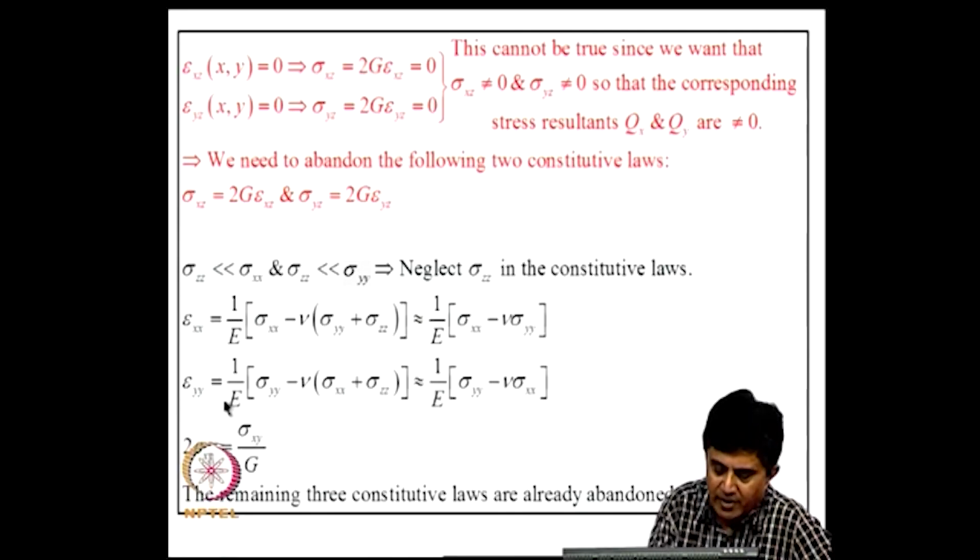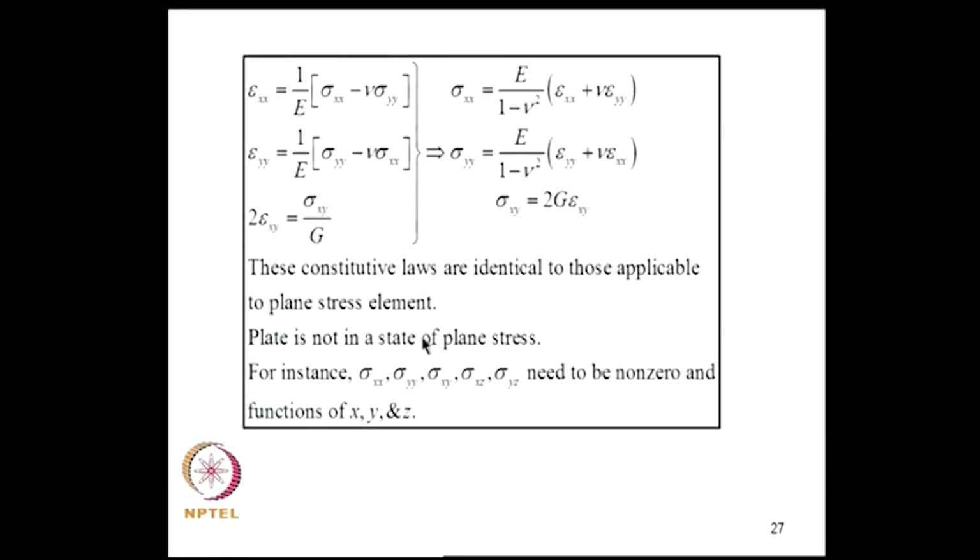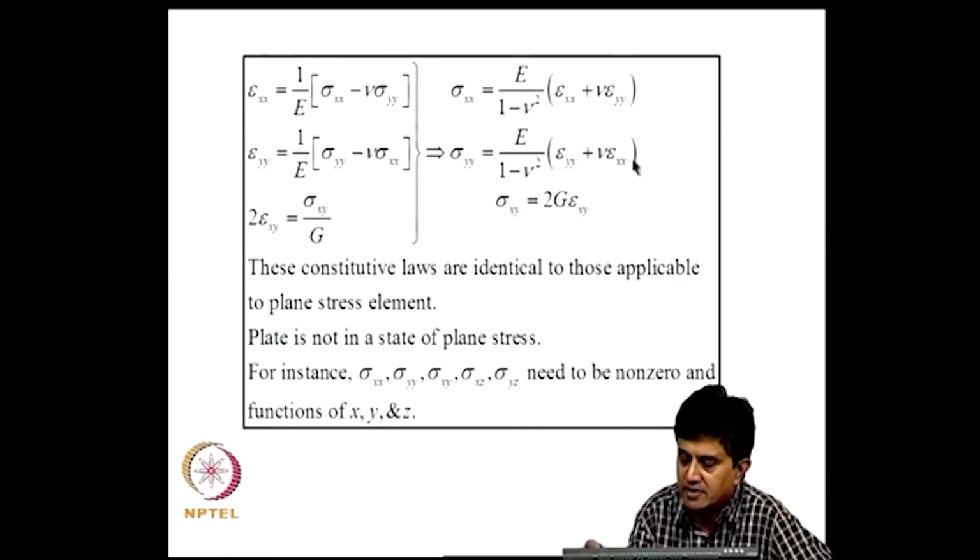Similarly epsilon yy, when I write I will use this, then shearing strain is given by this, okay. The remaining constitutive laws are already abandoned, there are only 3 constitutive laws which we will be using with this simplification. Now therefore the constitutive law for thin plate theory has these components sigma xx, sigma yy, sigma xy given by this.